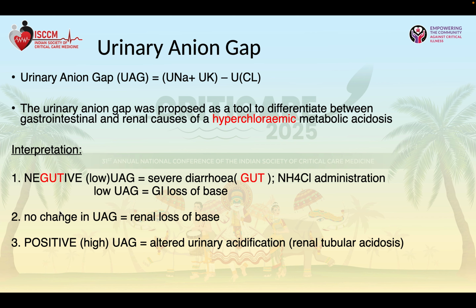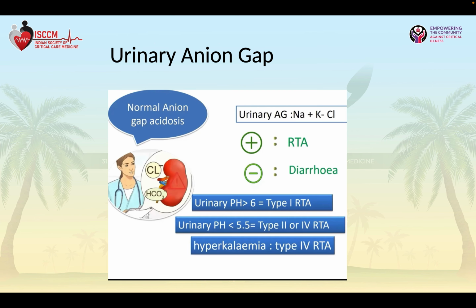So you can remember this by negative or negative. So this is gut, and if there is no change, it will be renal loss. And if it is positive, then it is altered urinary acidification or renal tubular acidosis. So I think this is what we are probably looking at.